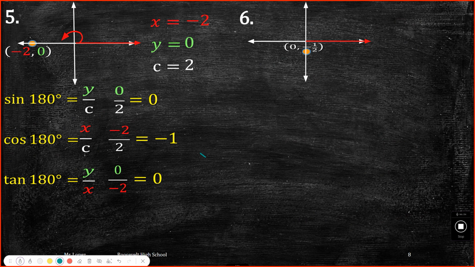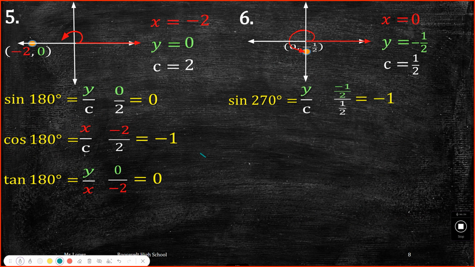It'll still be some kind of 0, 1, or -1. So what's sine of 270? -1 is correct. Sine of 270 will be negative 1.